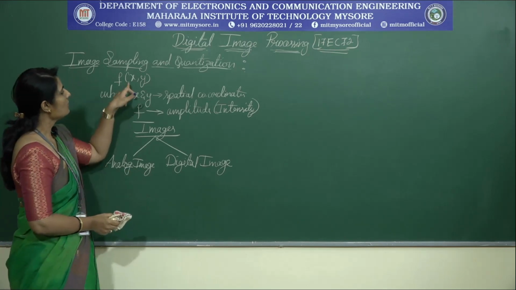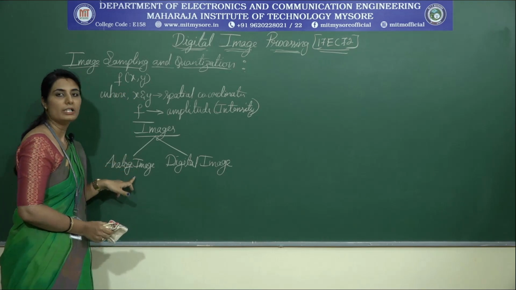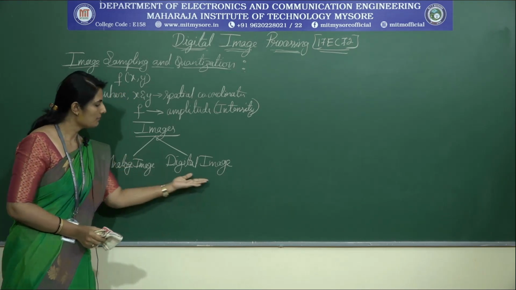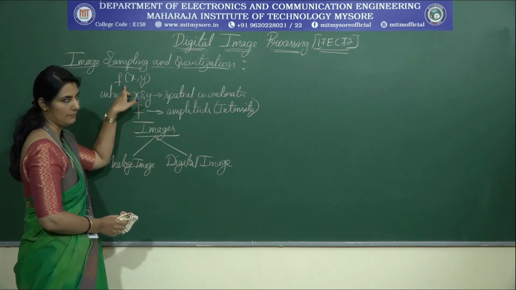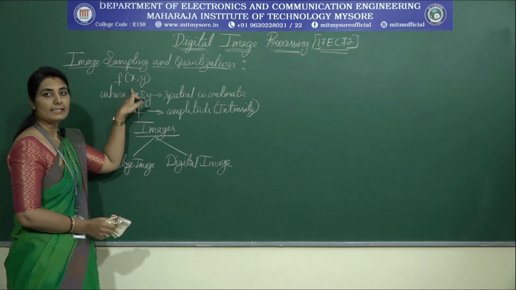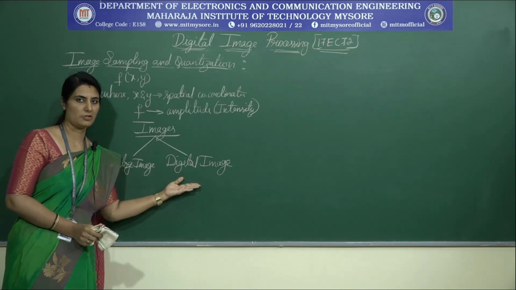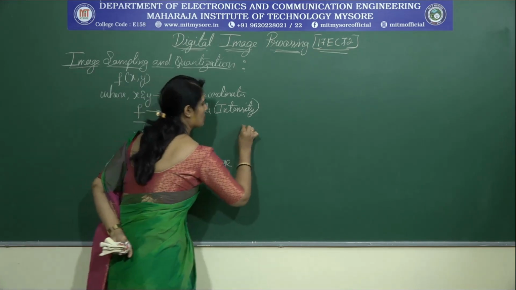If the values of x, y and f are all continuous, we say such an image is an analog image. What do you mean by digital image? If the values of x, y and f are all finite and discrete quantities, we say such an image is a digital image.